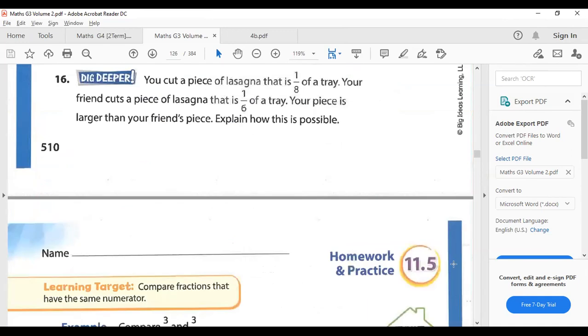Okay, Muhammad Zuhairi. Yes, Mister. If we have a question, you cut a piece of lasagna. Do you like lasagna? No lasagna. Mister, I can't hear you.